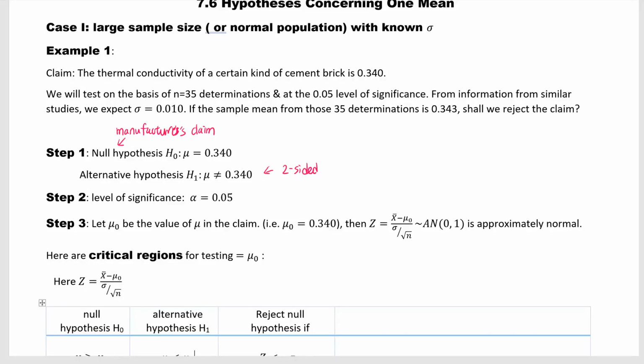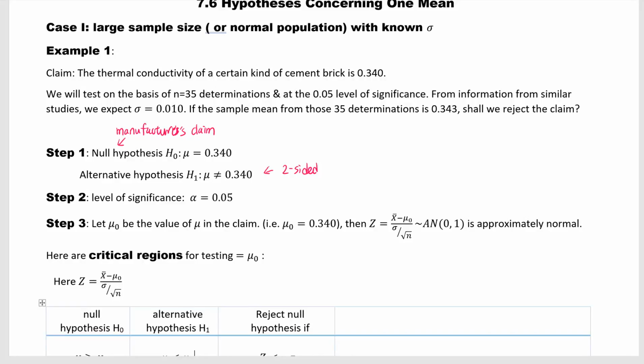Sometimes, like our drying time example, if the drying time is smaller, is faster, then we're actually happy. So we have one-sided alternative hypothesis. Or if you have the amounts of chips in a bag or the amounts of Coke in a bottle, if we have more Coke or chips, we're actually happier. So we also have one-sided alternative in that case.